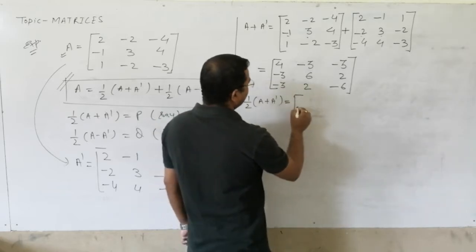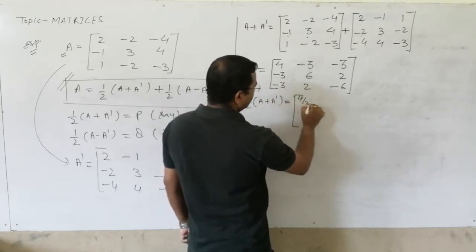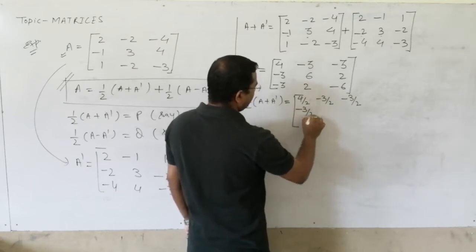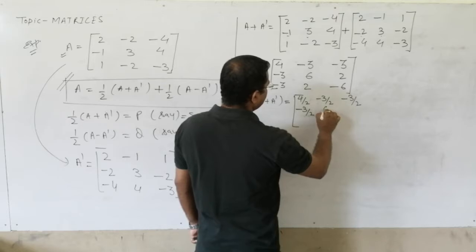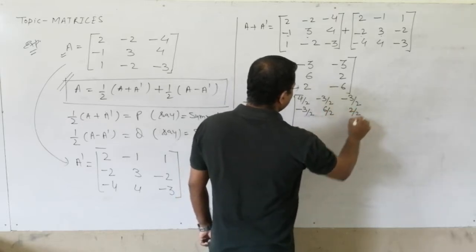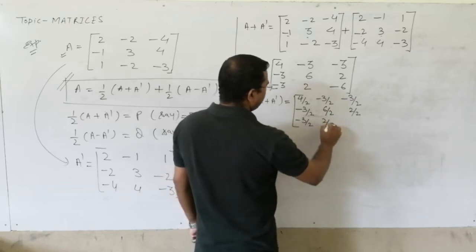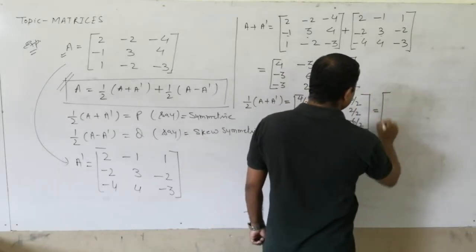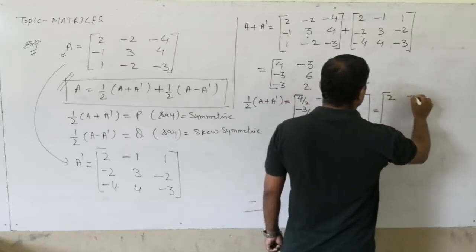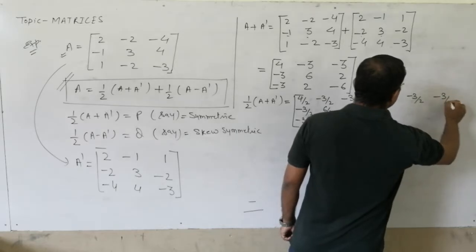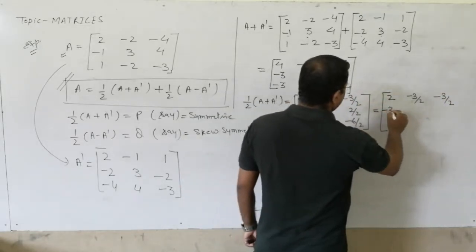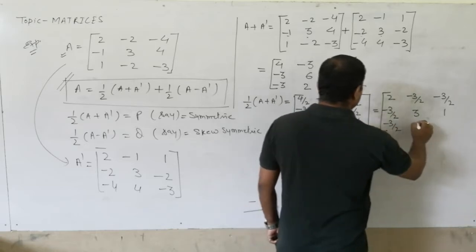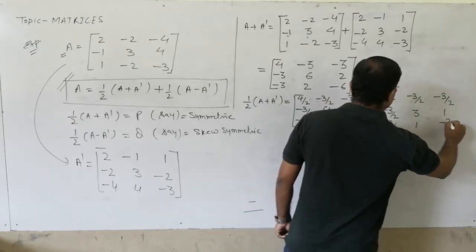It is 4 divided by 2, minus 3 divided by 2, minus 3 divided by 2 again, minus 3 divided by 2, and 6 upon 2, 2 upon 2, minus 3 upon 2, 2 upon 2, minus 6 upon 2, which will be equal to 2, minus 3 by 2, minus 3 by 2, then again minus 3 by 2, 3, 1, minus 3 by 2, 1 and minus 3.